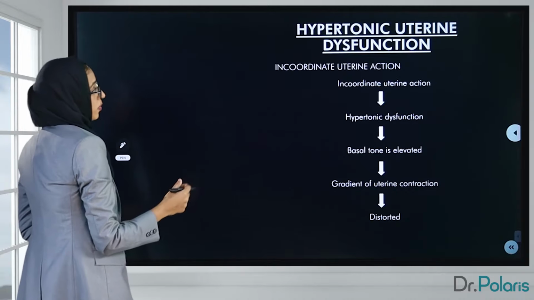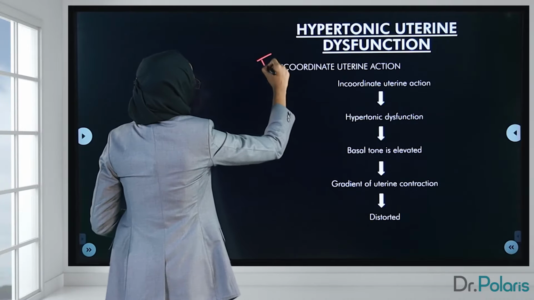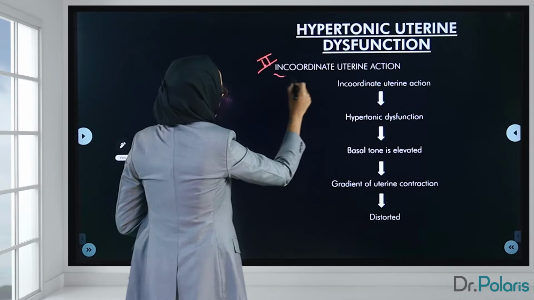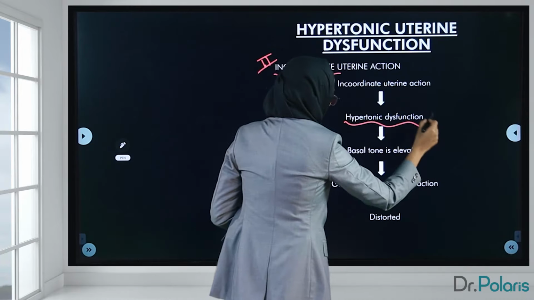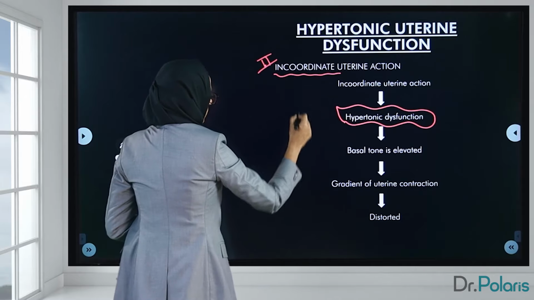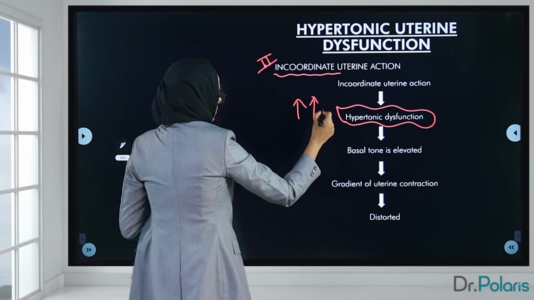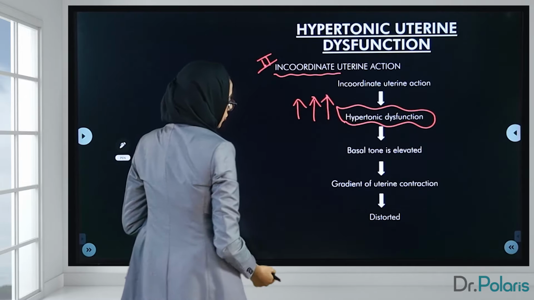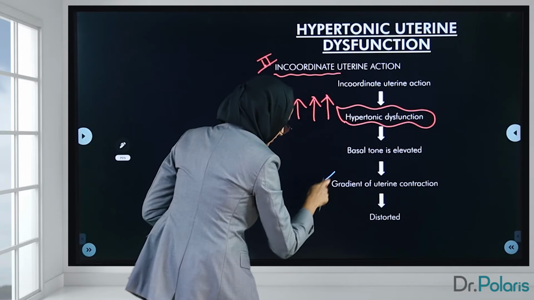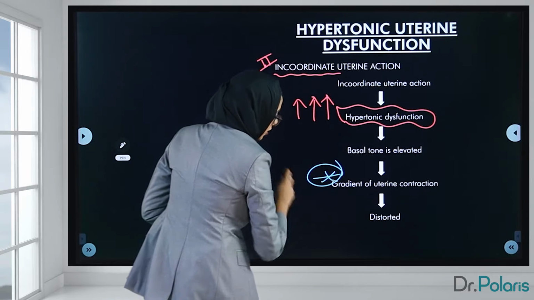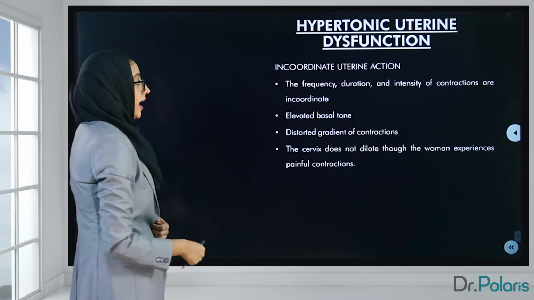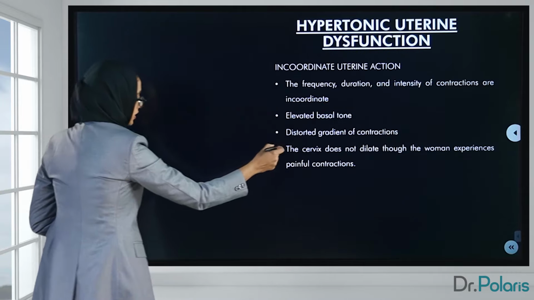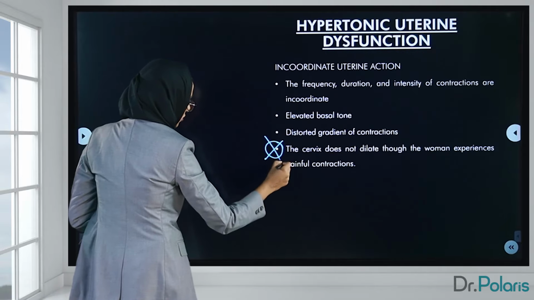So let's talk about the second kind of hypertonic dysfunction. This is incoordinate. Incoordinate is also going to have hypertonic dysfunction where frequency is increased, basal tone is increased, intensity is increased. But this is the differentiating factor. Gradient is not maintained. So what happens because of the lack of gradient and the improper contractions?